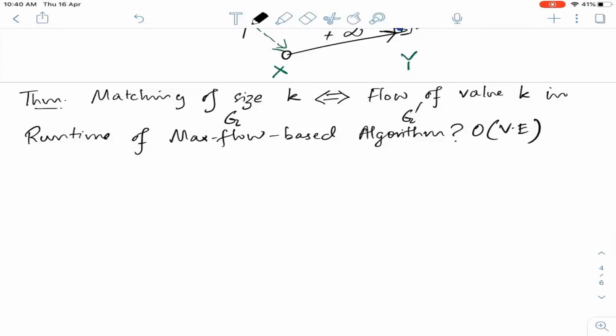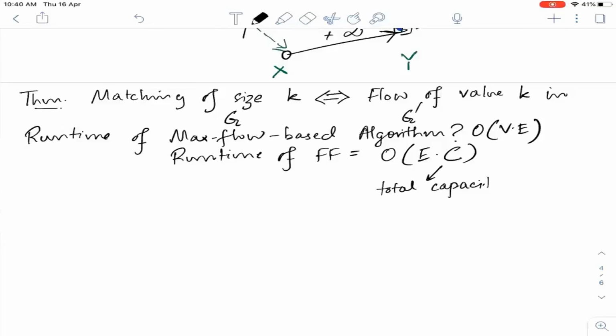Well, if you think of the Ford-Fulkerson algorithm, then the runtime of FF, what was that? Well, that was order E times U, or I think I used the word C. So what was C? C was the total capacity of edges in delta plus of S. So this was the runtime of the Ford-Fulkerson algorithm.